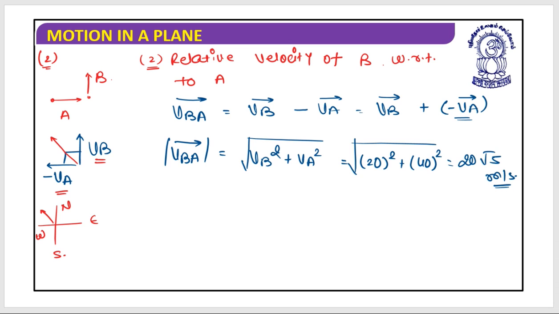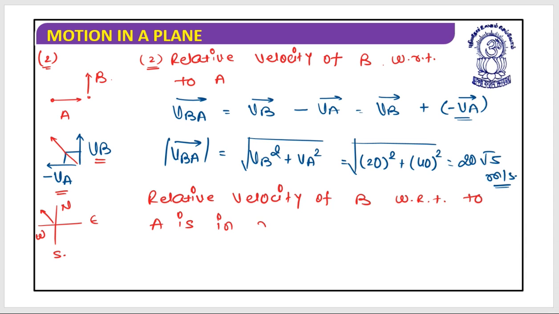So relative velocity of B with respect to A is in northwest direction. Is it clear that relative velocity of B with respect to A is in northwest direction? It's in northwest. Is it clear up till now? Anything else? Any doubts?